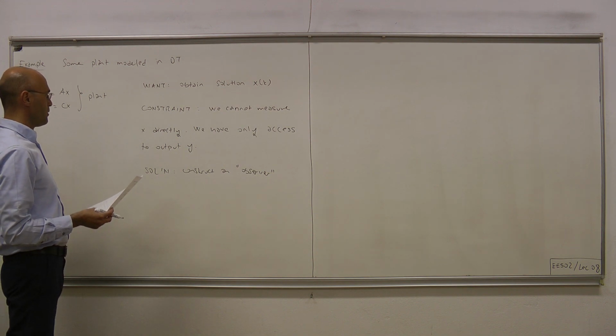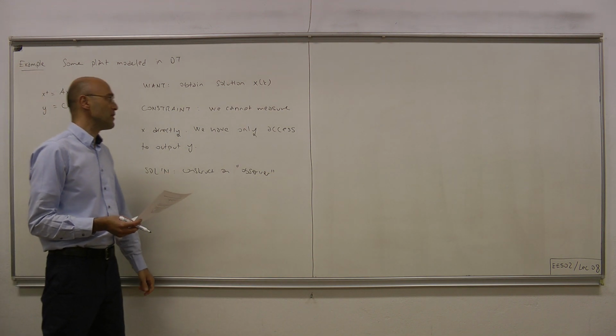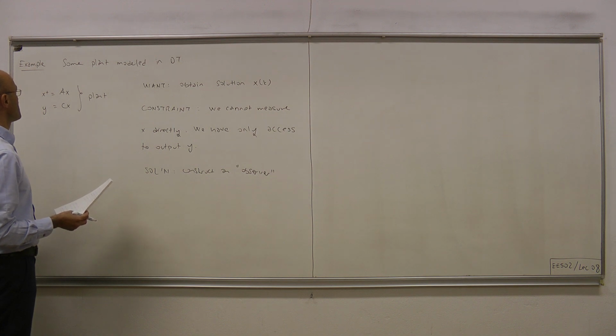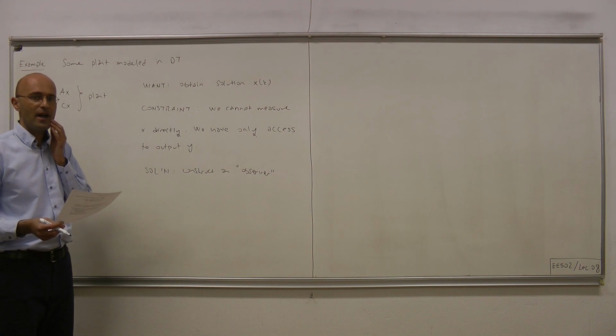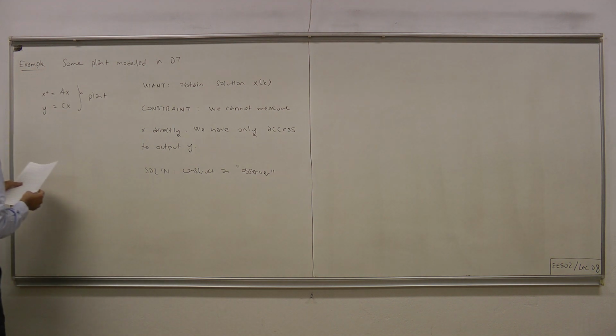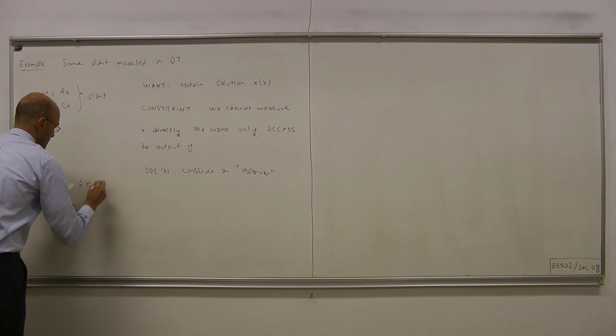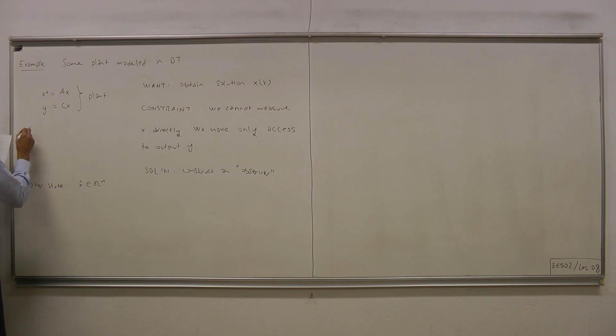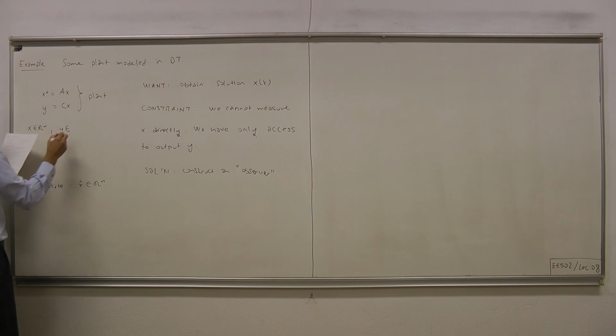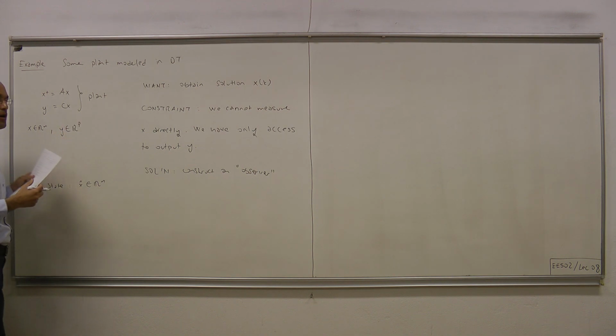Our observer will have a state, and let's denote that state by x hat. The observer state x hat is in R^n. By the way, x is in R^n, and the measurement is in R^p.